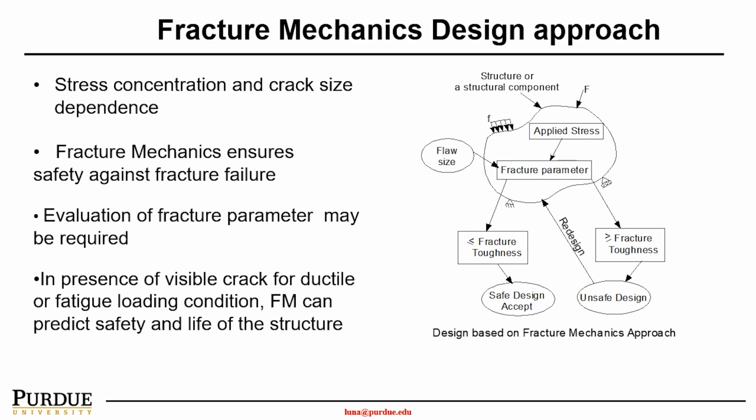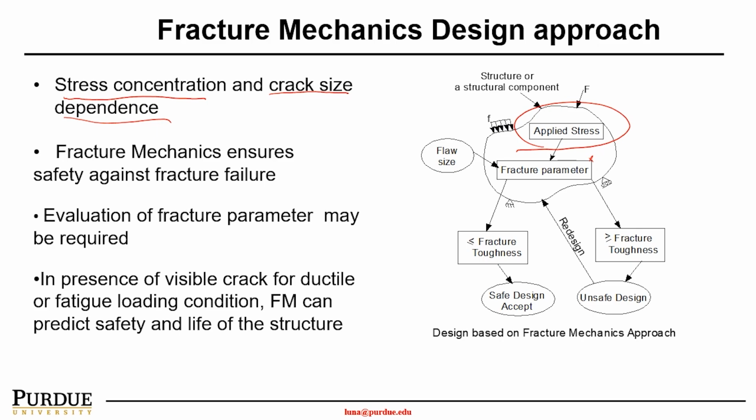In this case, we consider stress concentration and crack size dependence. So we look at the applied stress. Using the applied stress, we calculate the fracture parameter, which we'll discuss later in the lecture. Then we compare it with the material's intrinsic fracture toughness.